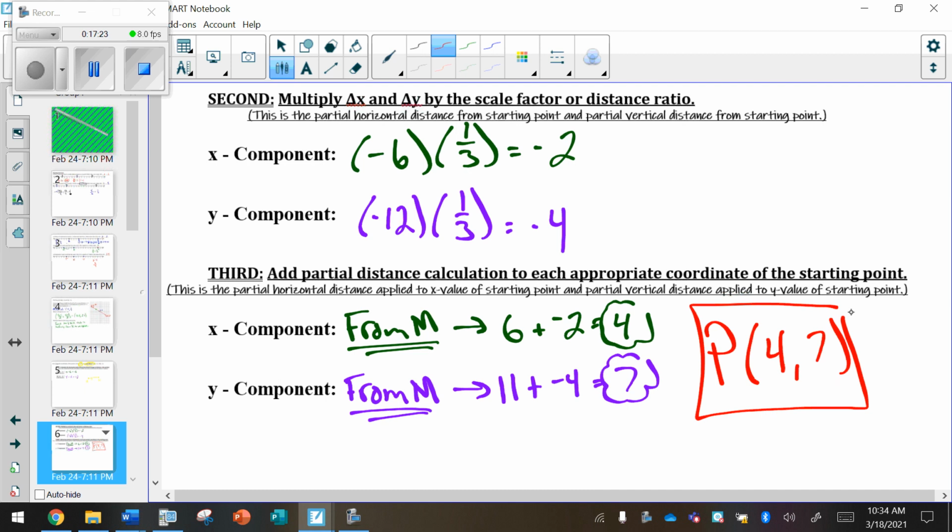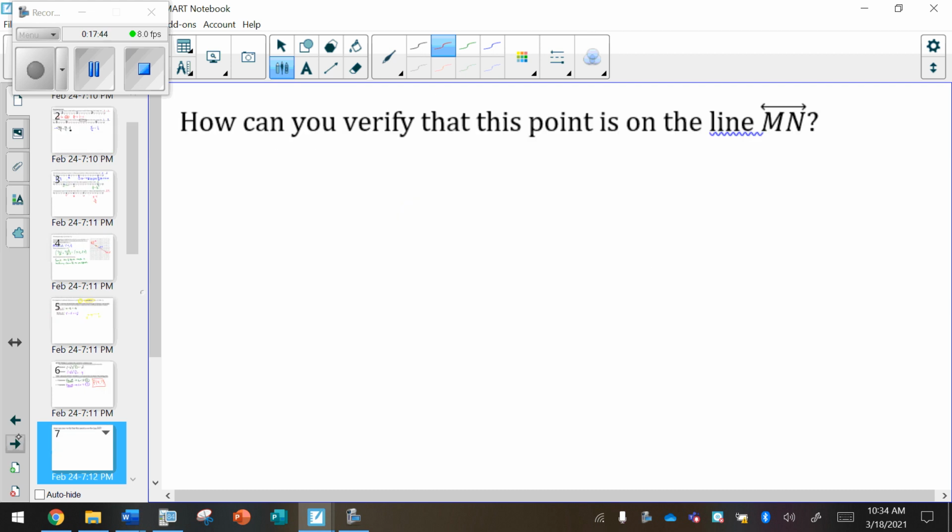So we found the change in x, multiplied that times our scale factor, or the distance ratio, how far from one end to the other end are we going, and then we just applied how far it is from the endpoint, and that gives us our new coordinates. And then how can we verify that this point is actually on the line?